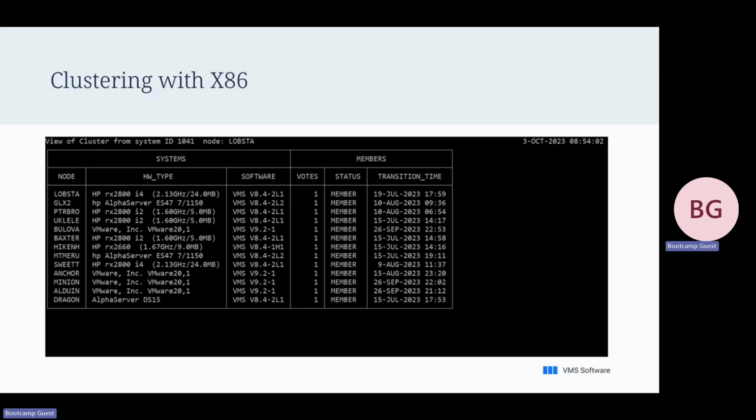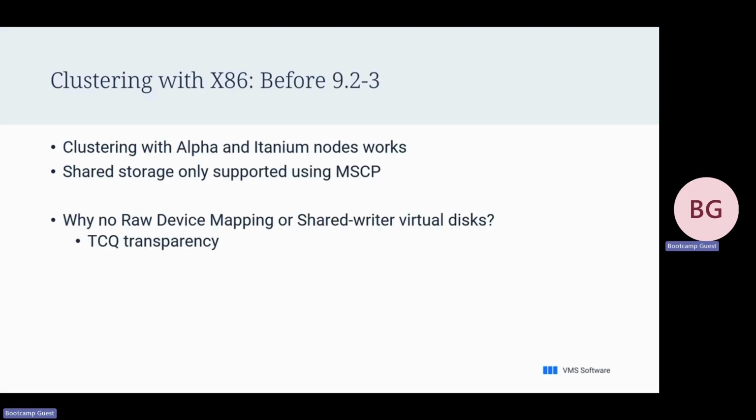So we've had x86 nodes in that cluster for quite some time. Now, in version 9.2.1, we didn't have the capability to talk to fiber channel devices yet. So before version 9.2-3, you could cluster with alpha and titanium nodes, but shared storage is only supported if you use MSCP. So the alphas or the titaniums are directly connected to the disk. The x86 systems need to go through those systems using MSCP.